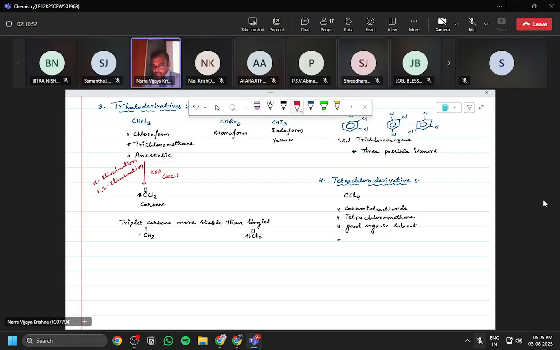Commercial name is Pyrene. It is the name of the company which used to prepare CCl4. That's why CCl4 is also called Pyrene, but it is a commercial name, company name, not compound name. Right? Compound name Pyrene is also there.